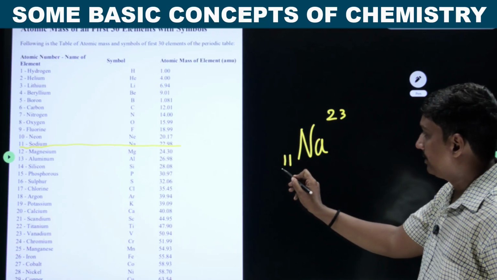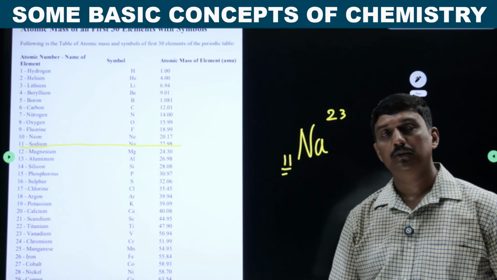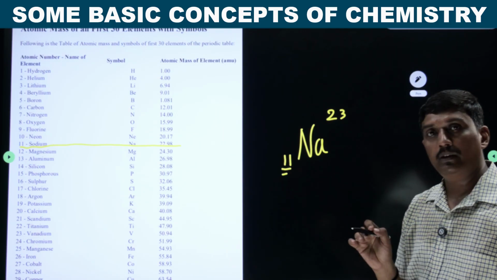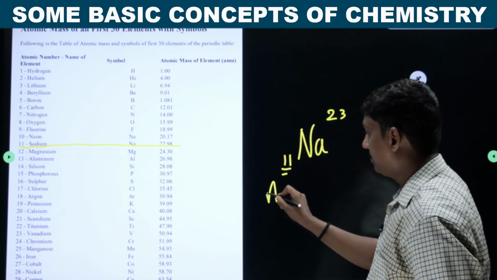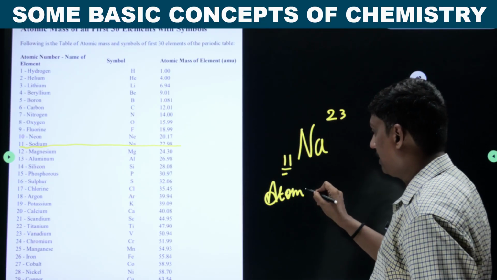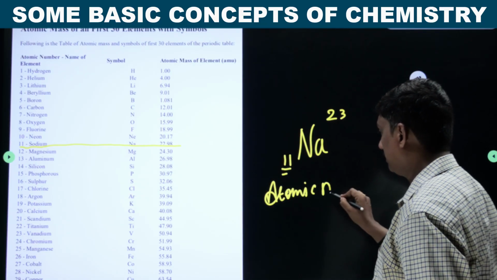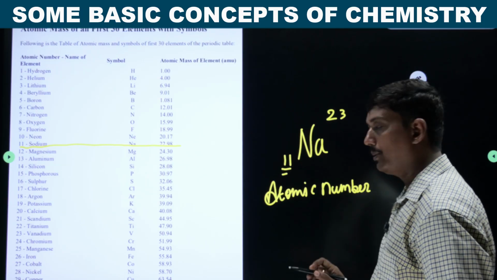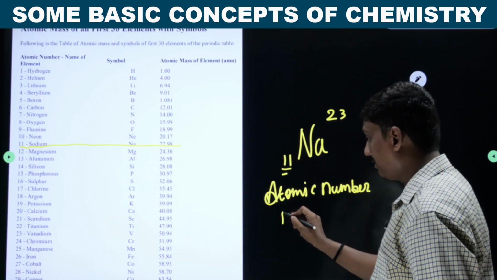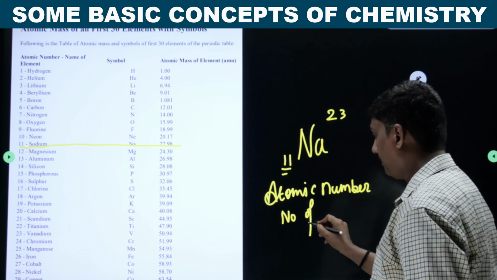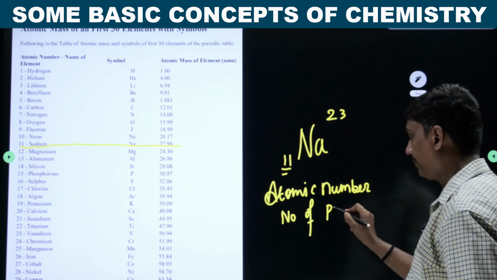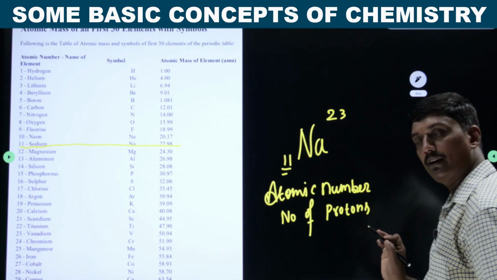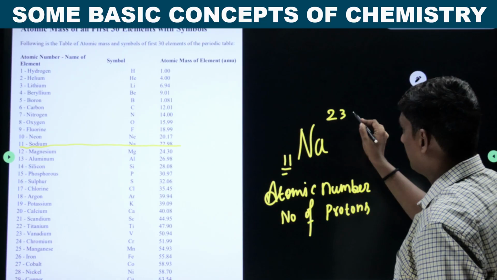See what this number 11 represents. This is the subscript, nothing but the atomic number. Atomic number is the number of protons or electrons in the neutral atom.